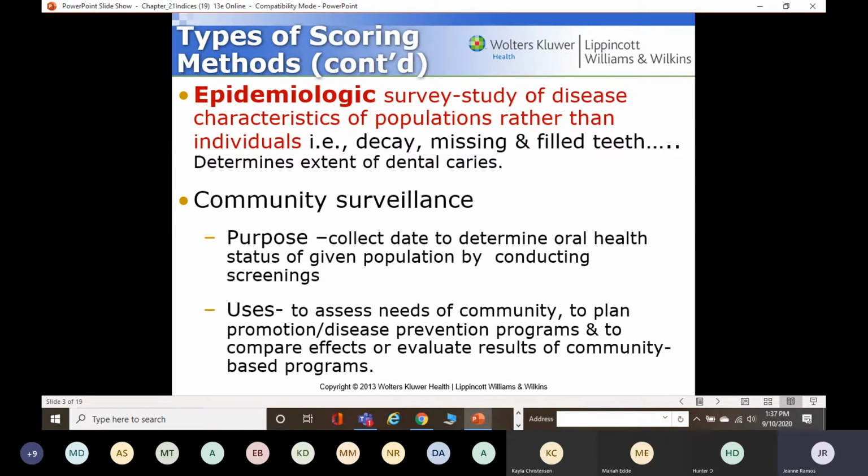And they bus in students from underserved schools. And so they come in, we have hygiene set up there with our units, and a lot of times they're on like lounge chair type of things, but we give them a cleaning. They have x-ray stations, multiple ones of those. They have a lot of dentists that volunteer their time to do free fillings and extractions, etc. So they're a lot of fun.